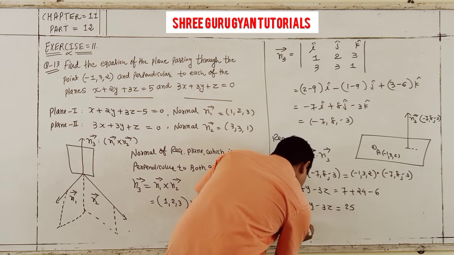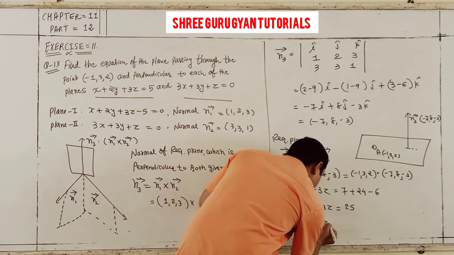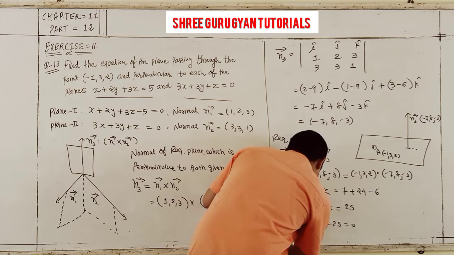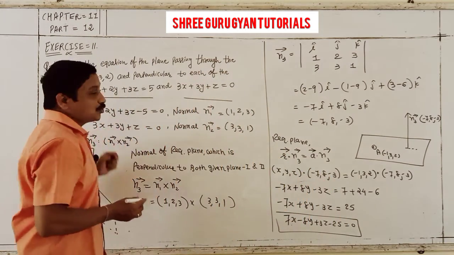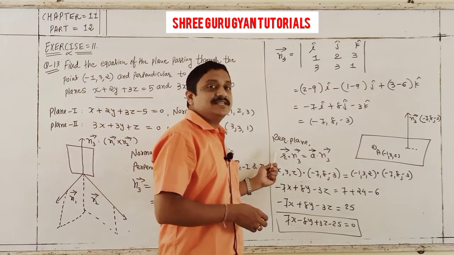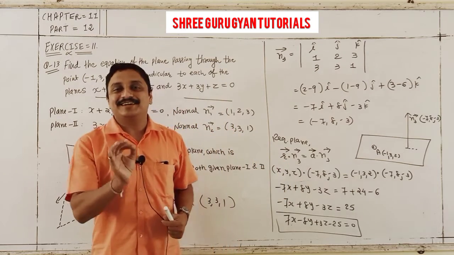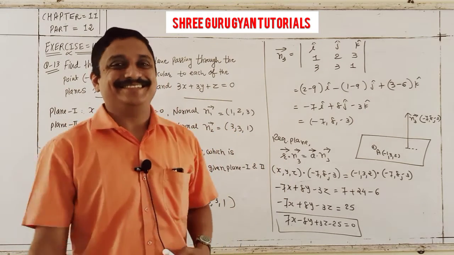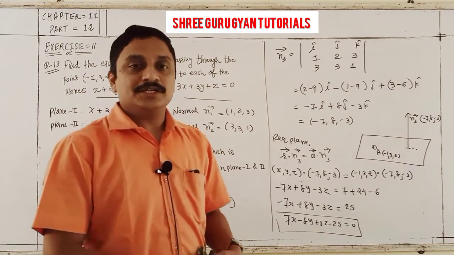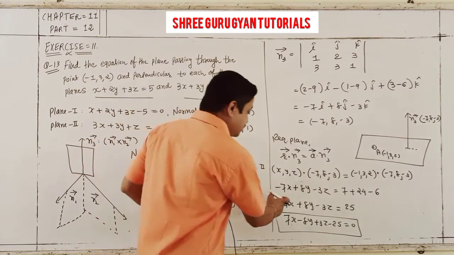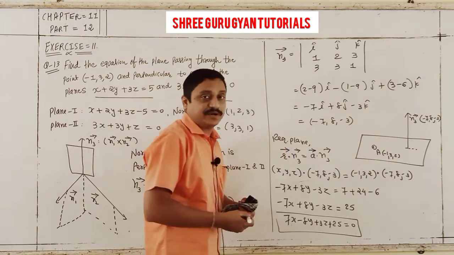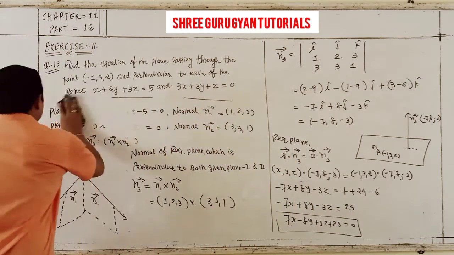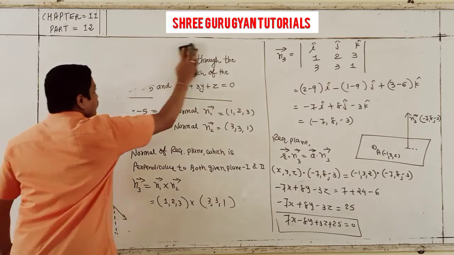So 7x minus 8y plus 3z minus 25 is equal to 0, and that's the answer for question number 13, easily done. Students, one mistake here: if you take minus common, then here instead of minus 25 you will write plus 25.